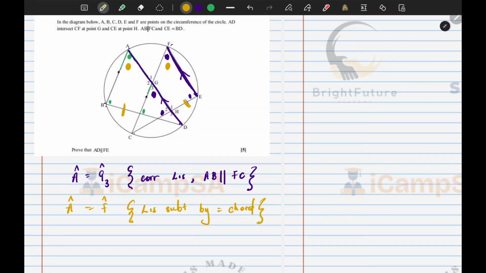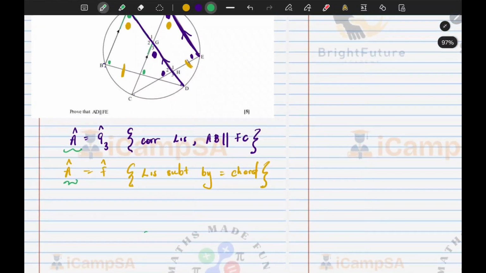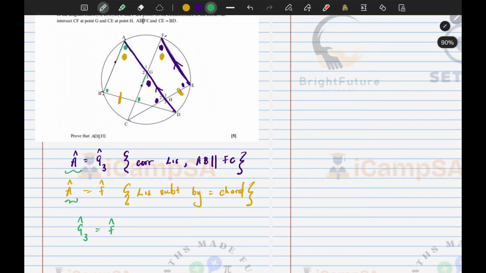Now we already have A here, so G3 is equal to angle F.